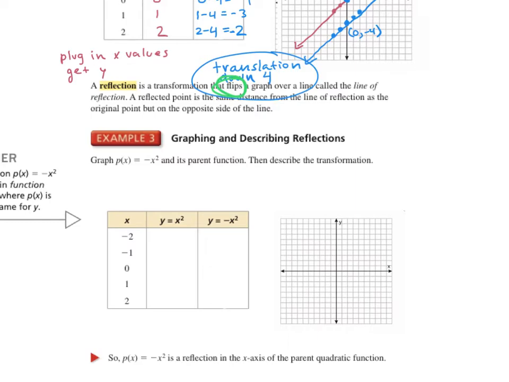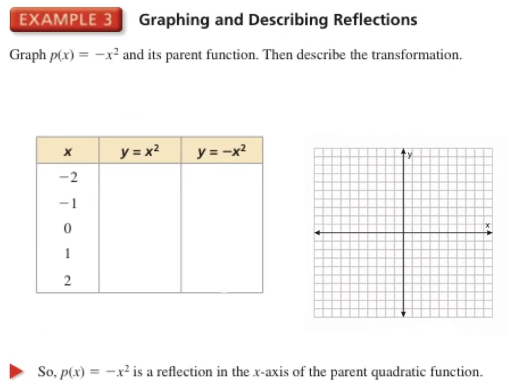So now we're going to plug in x values and get y values and graph our parent function. So we have -2 squared, which is 4. So our first point is going to be to the left 2 and up 4. Next we're going to plug in -1. What's -1 squared? 1.